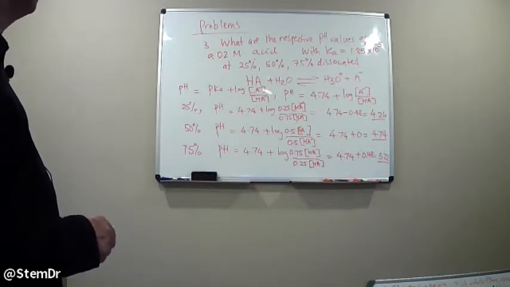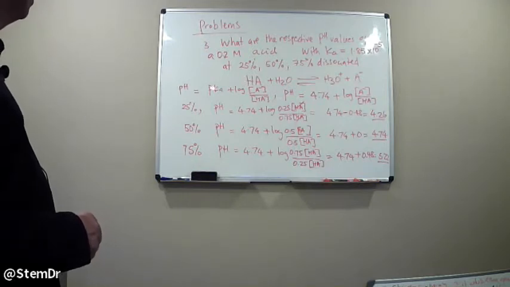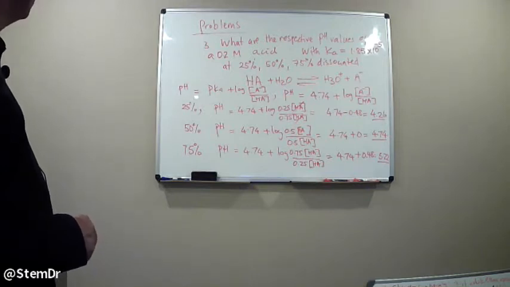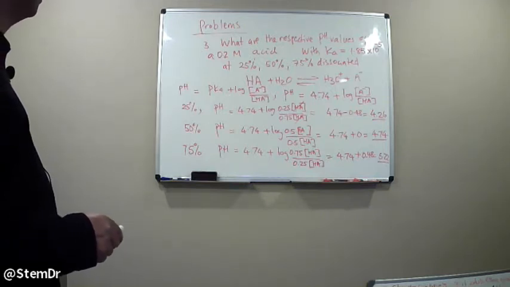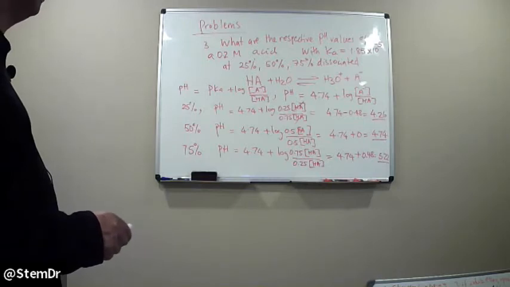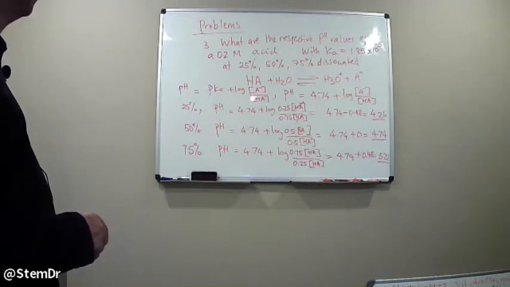So to solve this problem, first of all, we have this equation, which we have covered earlier. pH is equal to pKa plus the logarithm of the conjugate base over the undissociated acid. So that's basically the ratio of the dissociated conjugate base over the undissociated one.